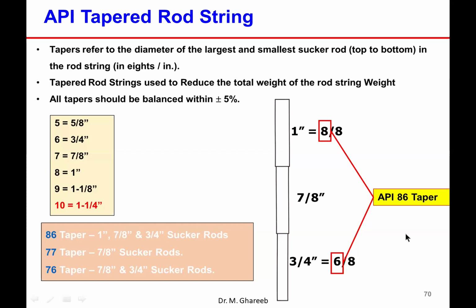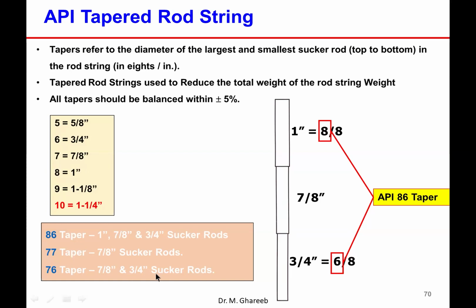What if I run one size from top to bottom? If it is run with one size from top to bottom, you repeat the number, because according to the API the rod string must have 2 numbers. For example, if I run 7/8 inch rod from top to bottom, this means a 77 rod string inside the well.